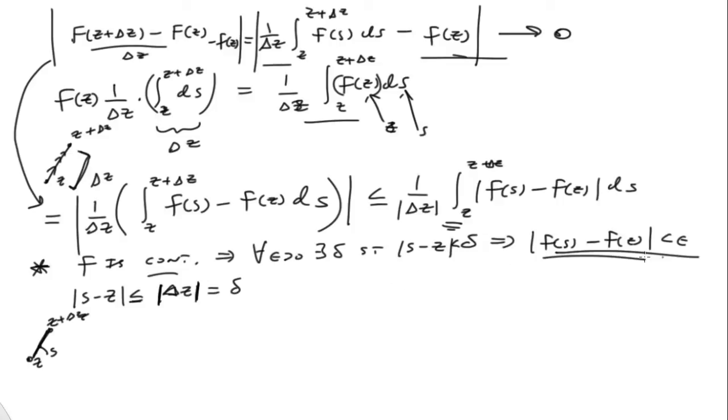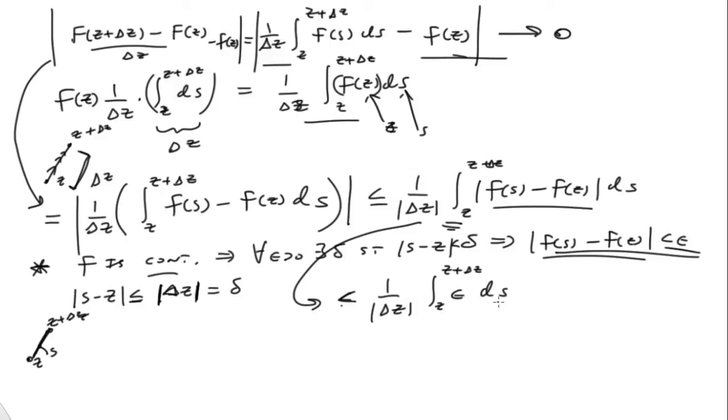That means I can take this expression and write it as follows. It is less than 1 over the modulus of delta z, times the modulus of the integral from z to z plus delta z of epsilon ds. I can just replace this with epsilon. Epsilon is a constant with respect to this integral, so I can write that as epsilon over the modulus of delta z times the integral of ds from z to z plus delta z.